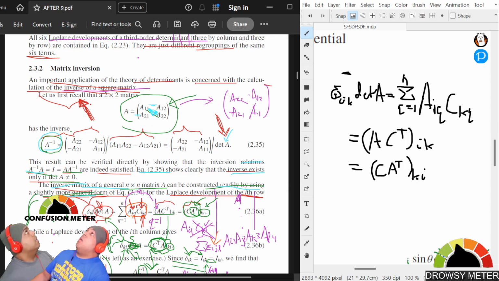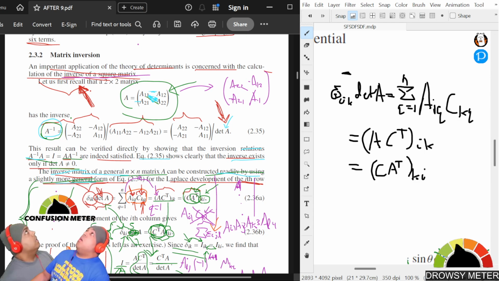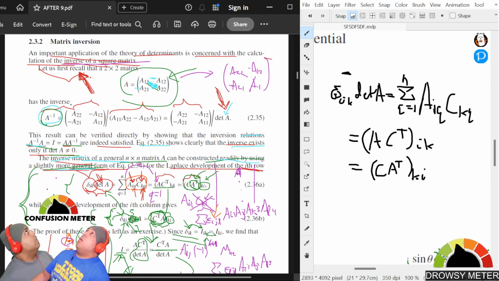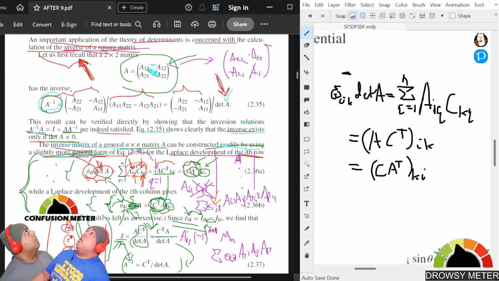The inverse matrix can be constructed from the Laplace development of the ith row. Well, the Laplace development of the ith column gives this stuff.